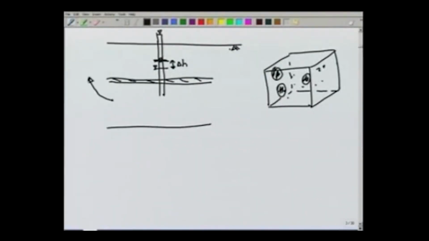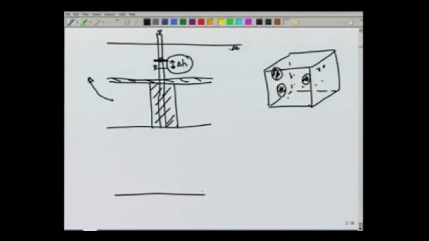But let us take this delta H as the head drop, and if we take an element of the aquifer here, we want to see how much water can come out of this aquifer for a head drop of delta H.